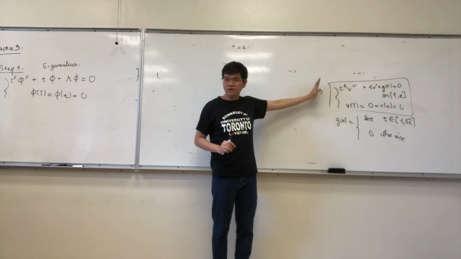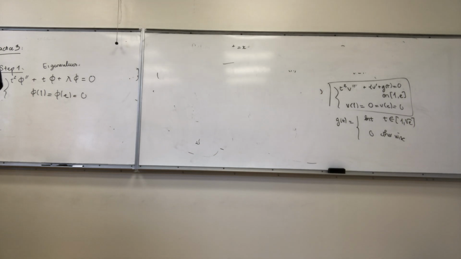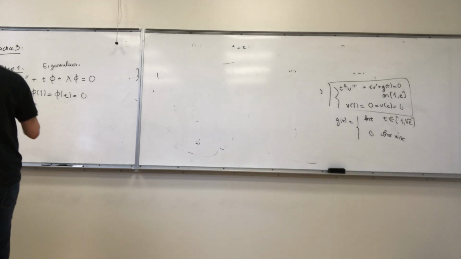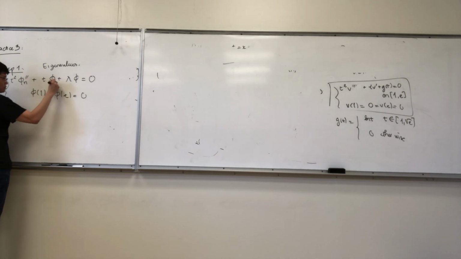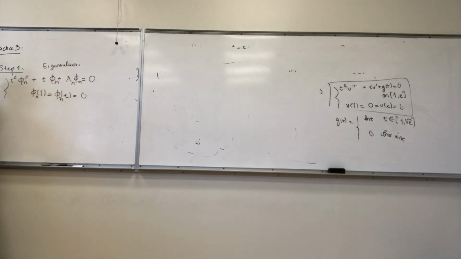So in order to solve this equation, you have to go through a 3-step. The first step is what? The first step is to try to solve the eigenvalue problem. After you solve the eigenvalue problem, you find a basis, right? So the first step is that you try to solve this problem.